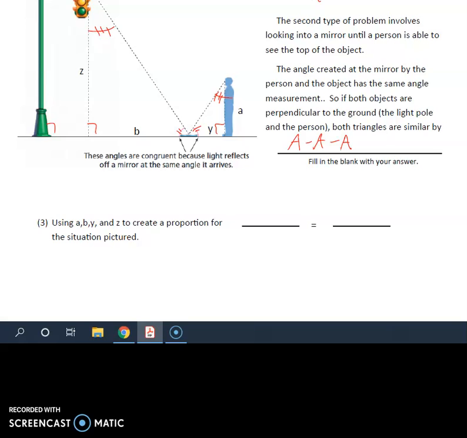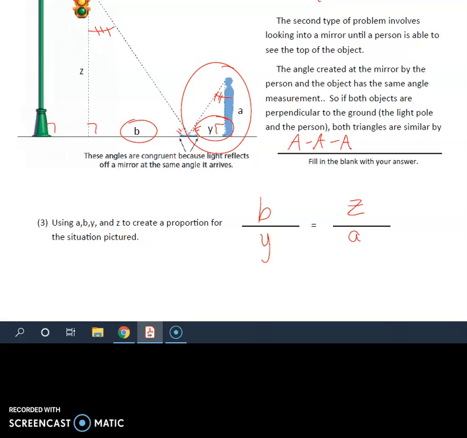So one of the things I've tried to do is be consistent about the lengths. And so when I look at the Y and the A, these being my denominators, the A and the Z I pair together as being those heights, and the B and the Y I would pair together. Not as shadows this time, but basically the distance the object is from the center of the mirror.